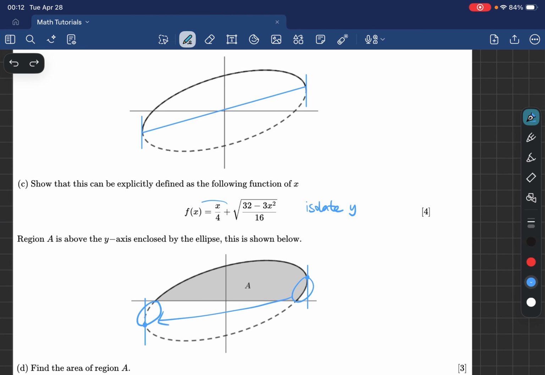However, you notice that for the curve one, it's from here to there, but for region A this time it starts from here and it ends right here, right?